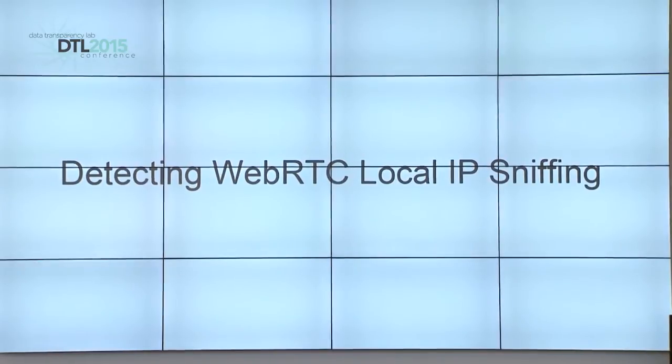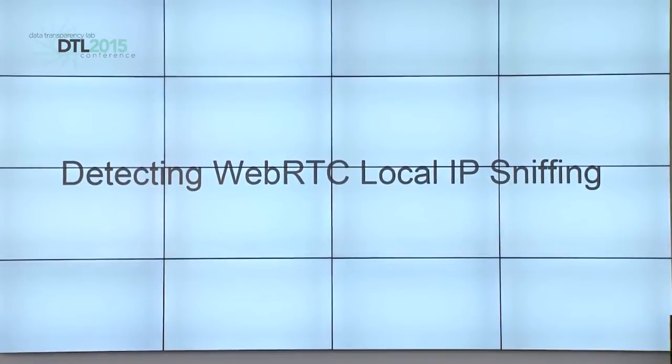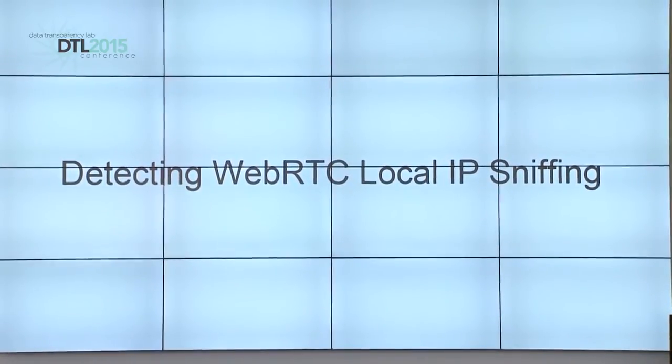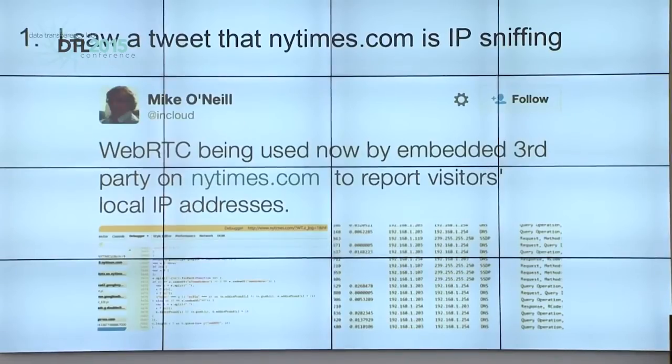But for example, for a home user, the third party can also get something like 192.168.1.2, right? Your local IP on your network, which might not be so identifying because most people probably have the same IPs. But if you're on a corporate network or a university network, that might actually be kind of unique and different than your public IP.